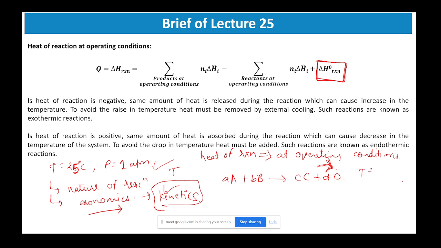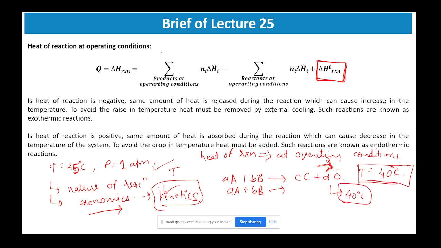So a moles of A and b moles of B will be taken to the reactor at 40 degrees Celsius, and c moles of C and d moles of D will be taken out of the reactor at 40 degrees Celsius.